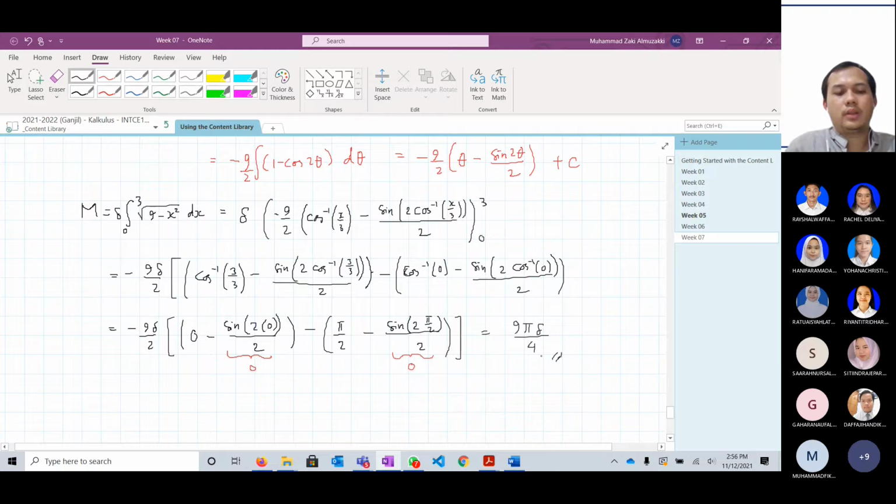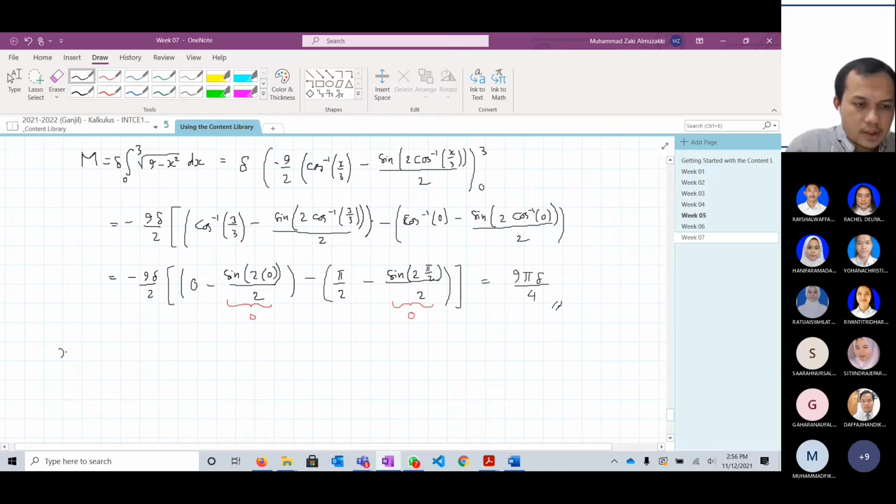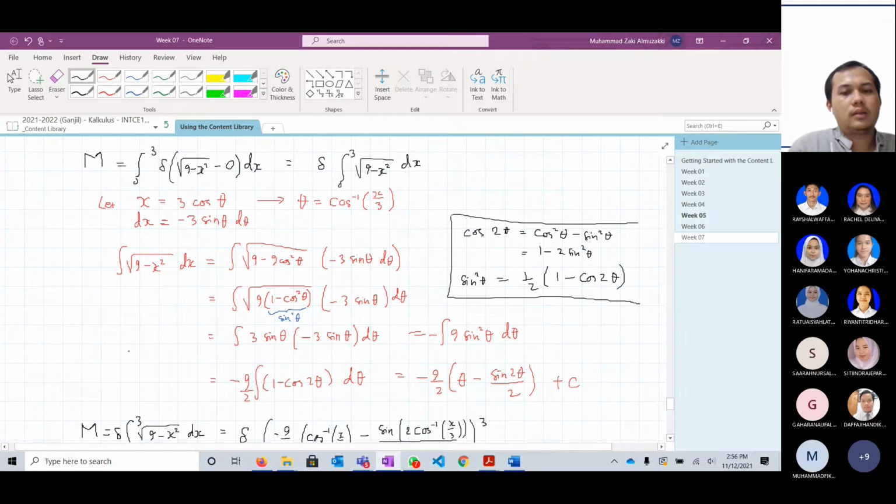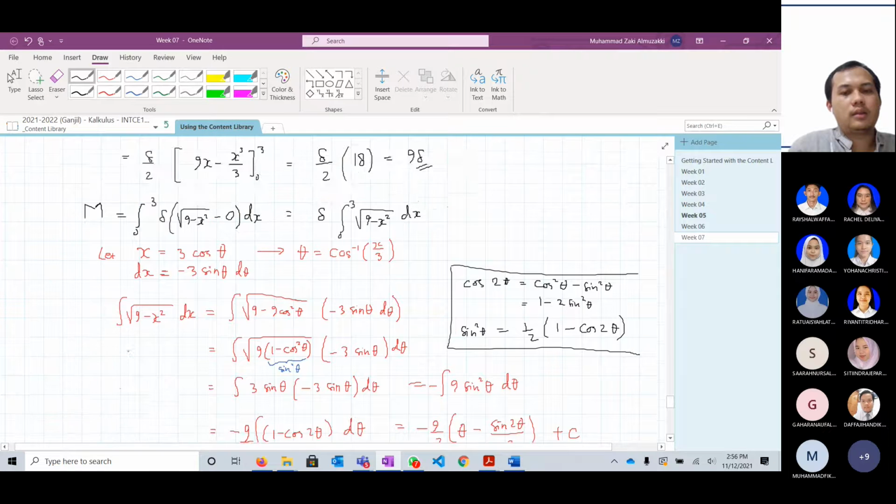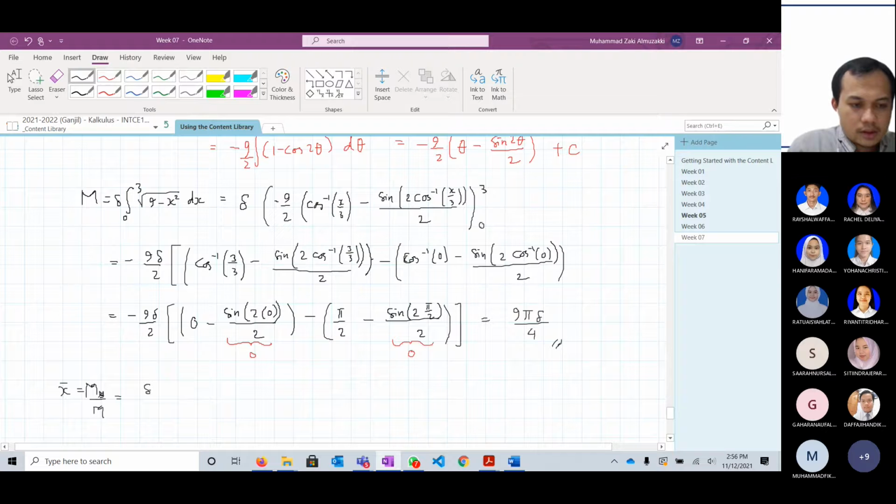So finally, we can compute the center of mass. X bar is Mx divided by m, and y bar is My divided by m, which is 9 delta divided by 9 pi delta over 4, equal to 9 delta multiplied by 4 over 9 pi delta.